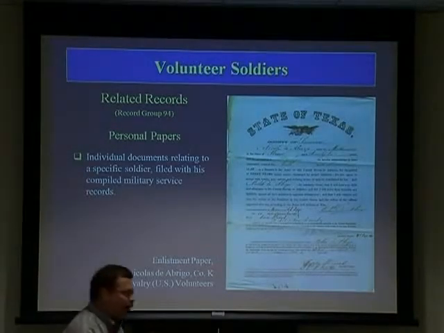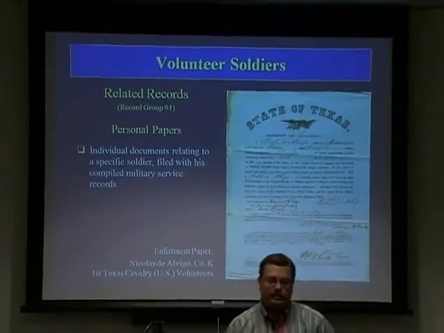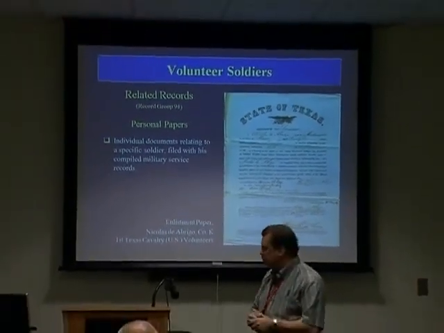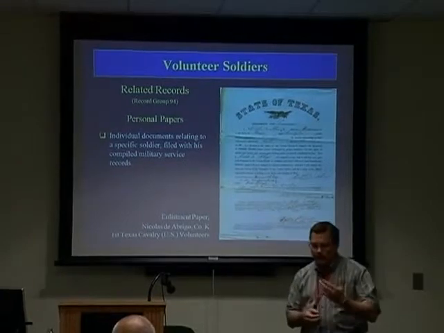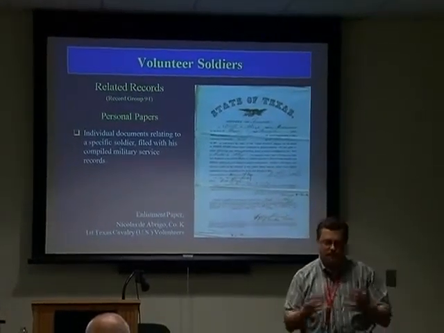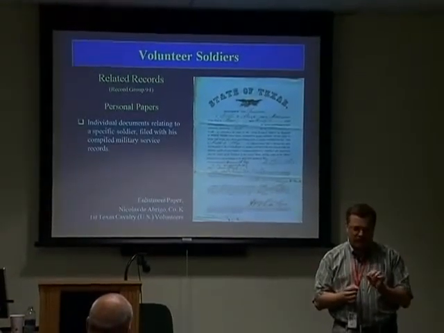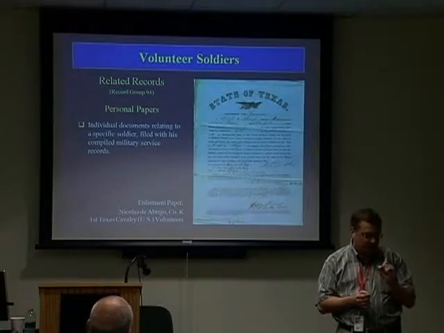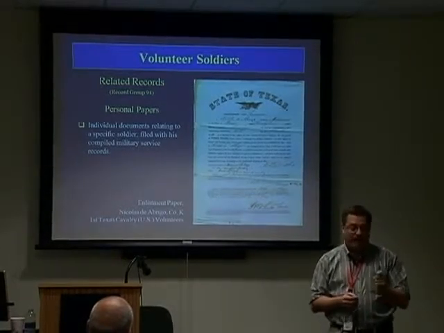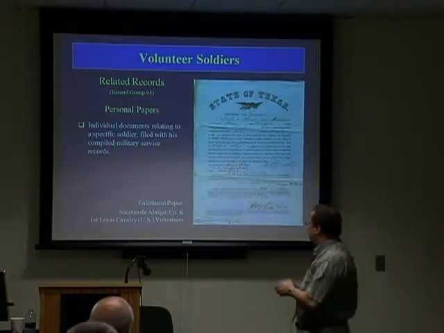In addition to the compiled service records, we also have what are referred to as personal papers for the volunteer soldiers. Again, as the War Department was creating the compiled service records and going through all these original records, whenever they would come across an individual document that related to a specific soldier, they would file that document with that soldier's compiled service record.